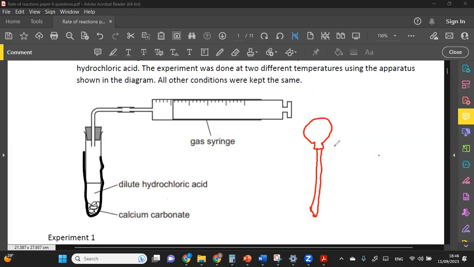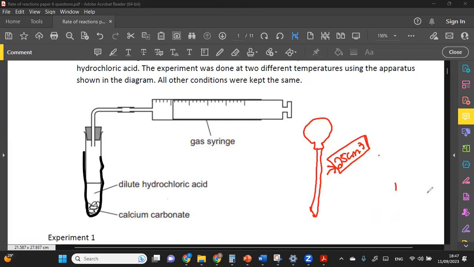This pipette is used whenever we want 25 centimeter cube of anything, because this pipette collects 25 centimeter cube of liquid. Whenever I want to collect exactly 25 centimeter cube of any liquid, a pipette is the best choice.